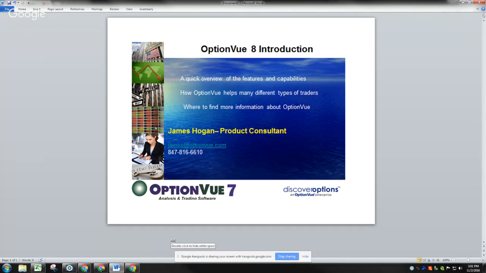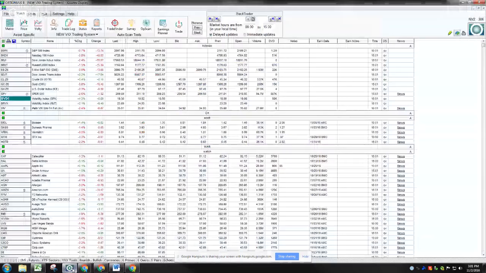I'm also going to show you how it can help different types of traders. And then at the end, I'm going to show you some places on our website where you can quickly get more information on the things that I'm going to touch on today. So without further ado, I'm going to go ahead and share my OptionVue program with you.